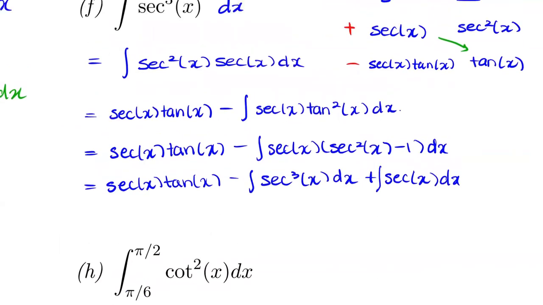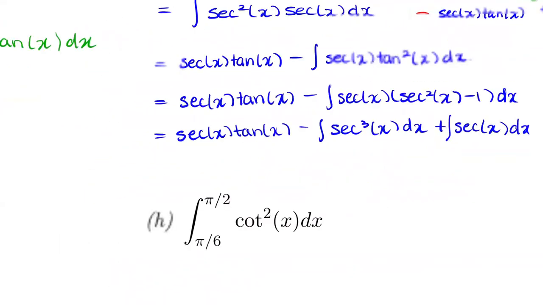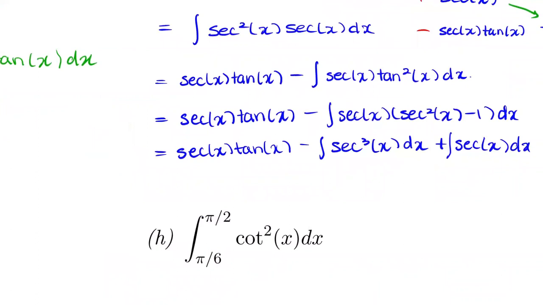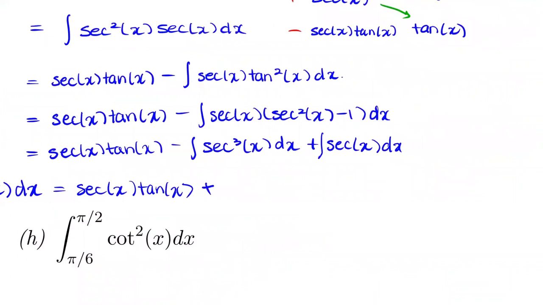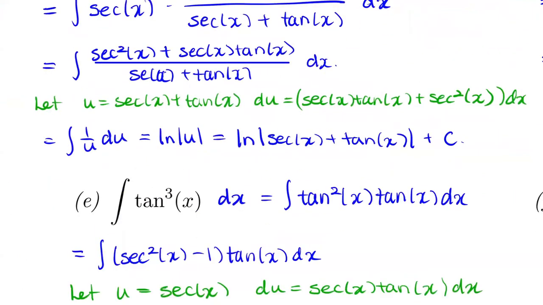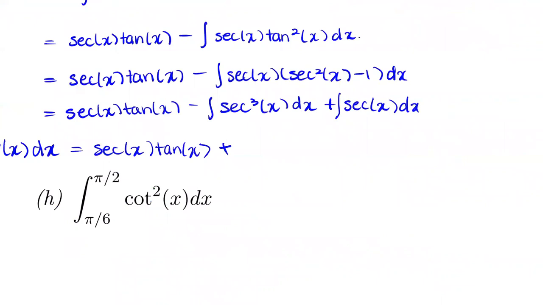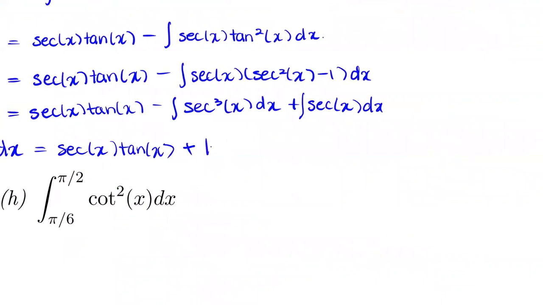The secant cubed of x I'm bringing to the other side. So on the left-hand side, I would have 2 times the integral of secant cubed of x dx. This is equal to secant of x, tan of x, and we also have the integral of secant of x, which was ln of secant of x plus tan of x.